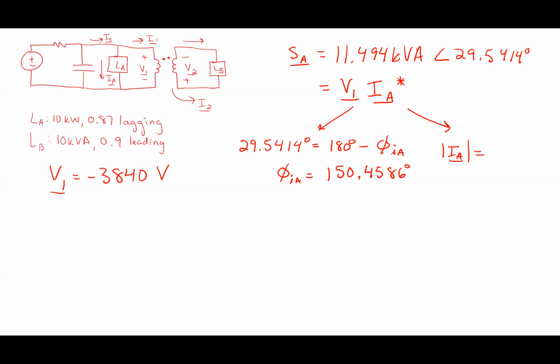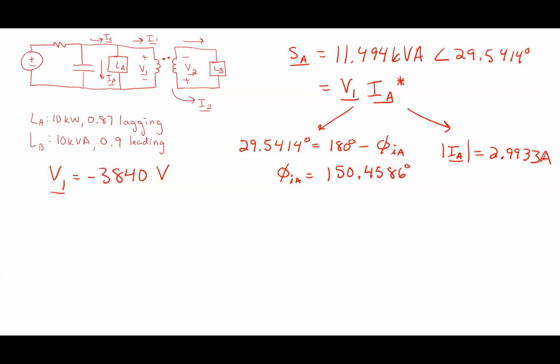Magnitude of S over the magnitude of V1, right? That works out to be 2.9933 amps.